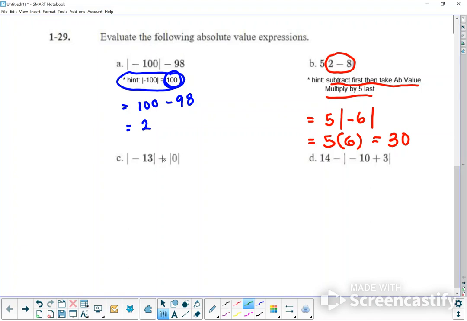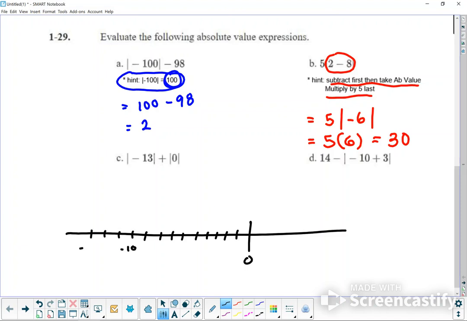Letter C, absolute value of negative 13, or how far is the number negative 13 away from 0. So here's the idea. Here's your number line. Here's 0. There's negative 10. Here's negative 13.